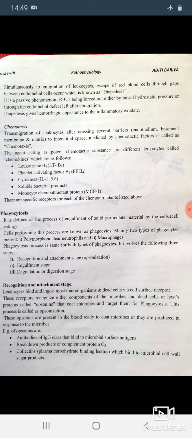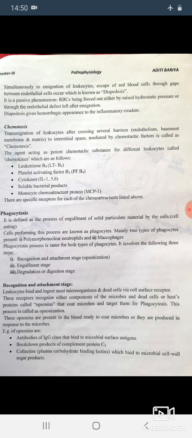Pinocytosis is the cell drinking, phagocytosis is cell eating. So when there is engulfment of any solid particulate material by the cells, it is phagocytosis. Cells performing this process are known as phagocytes.